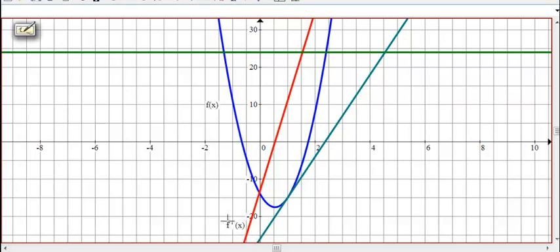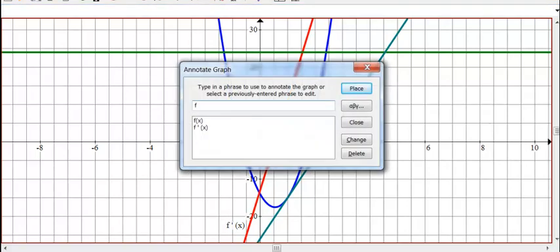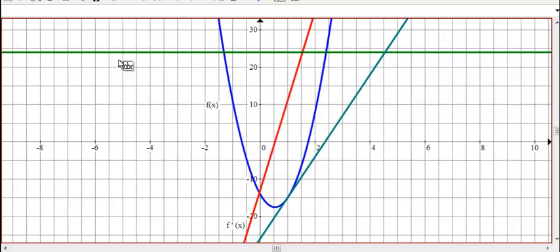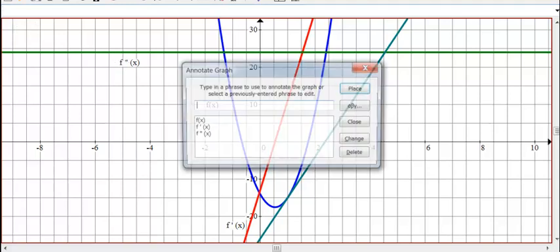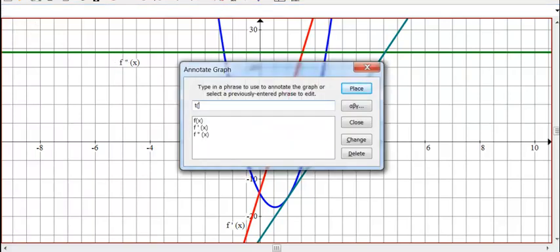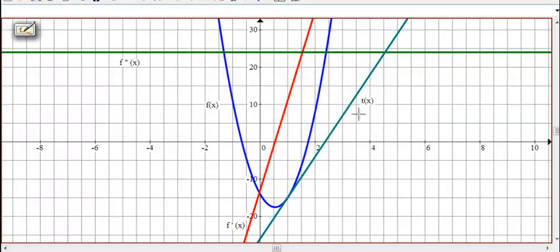Maybe I'll put the label there. And then f double prime of x, that's the horizontal line. And then the tangent line I'm calling t of x, and I'm going to put it there. So now we can see these.